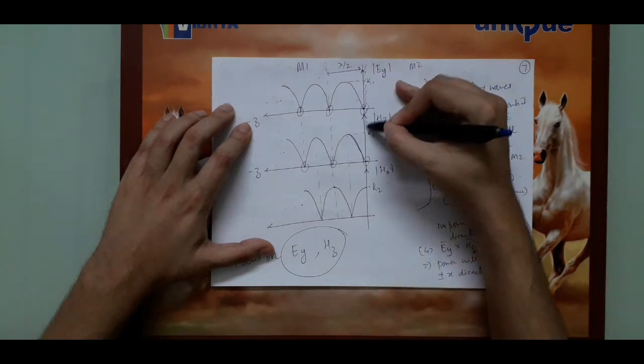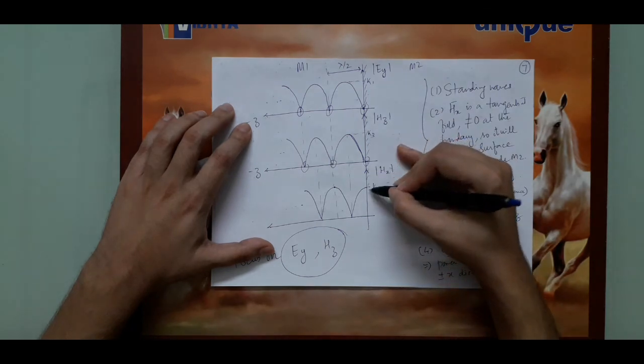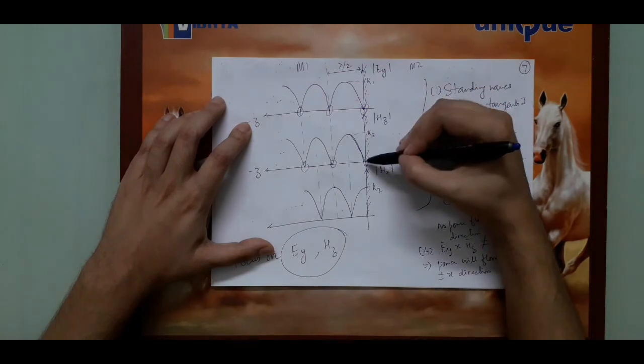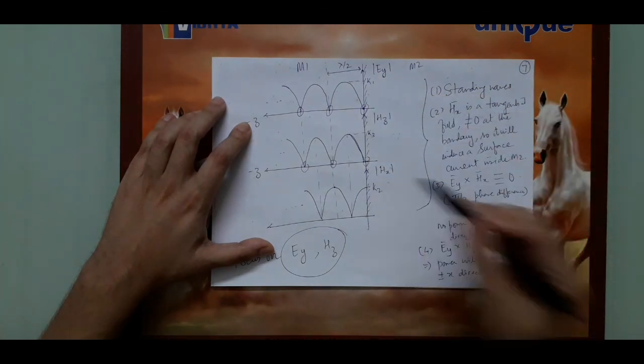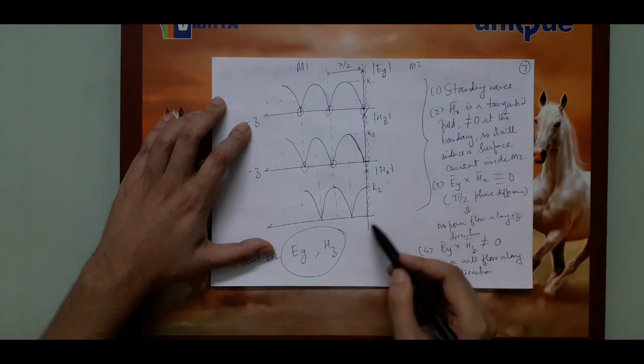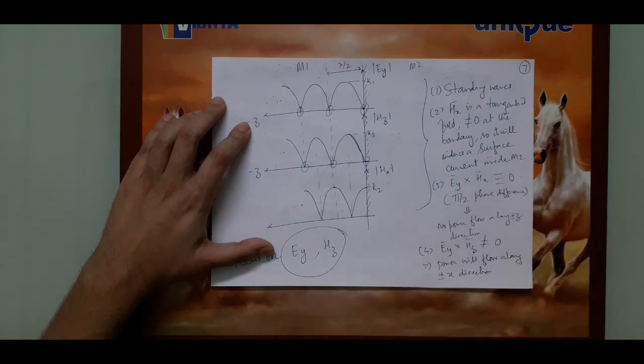At the boundary, that is z equal to 0, I am having the metallic conductor, where Ey and Hz are 0 and Hx is essentially non-zero. Now if you go lambda by 2, you will see that the exact same thing is happening.